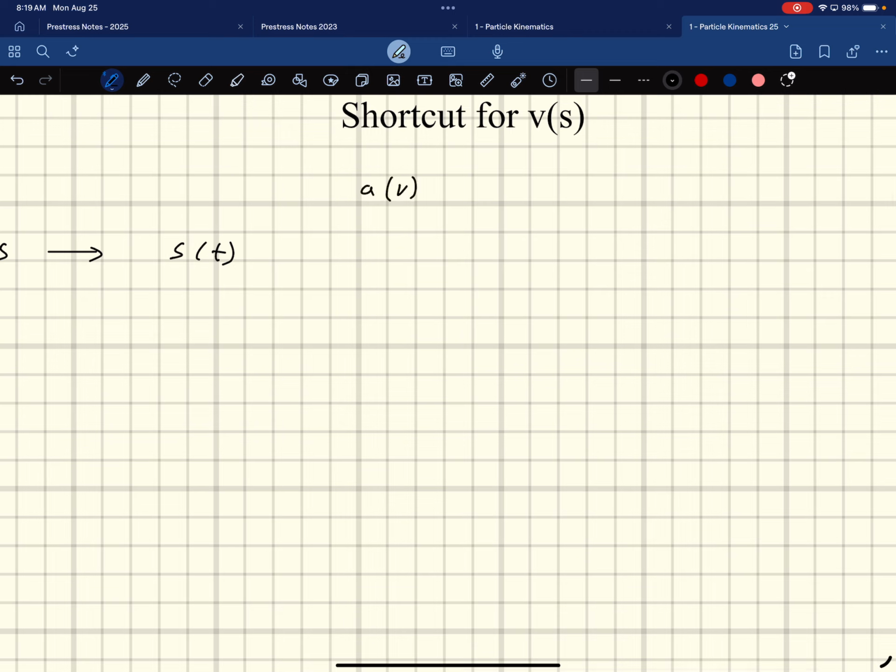Acceleration as a function of velocity is equal to dv/dt. I'm going to use the chain rule again. That's equal to dv/ds times ds/dt, right? That again is just my velocity, which is equal to dv/ds times velocity.